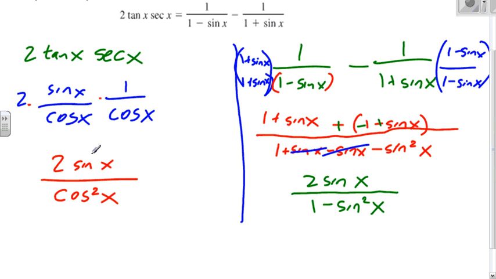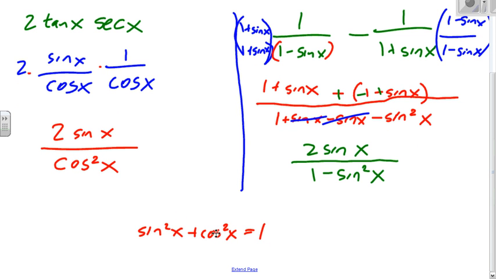So now we can see that our numerators are the same. So now we just need to check and see if cosine squared equals 1 minus sine squared, which it does, from the Pythagorean identity. So we're going to use sine squared plus cosine squared equals 1. And if you solve it for cosine squared, you get cosine squared equals 1 minus sine squared.